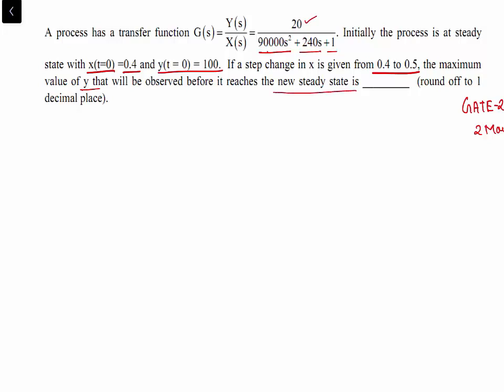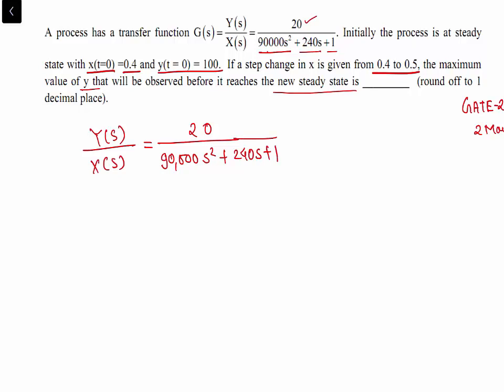Okay, so if you see this equation, the transfer function, it is Y(s) by X(s) equals to 20 upon 90,000 s square plus 240 s plus 1. Okay, so maximum value, so how do we calculate the maximum value, it is nothing but y of infinity.